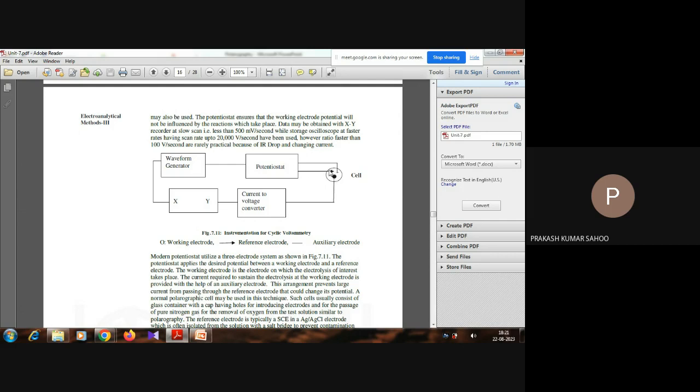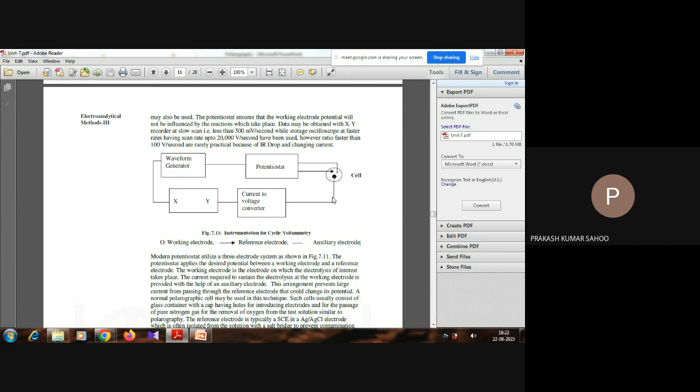Then the working electrode may be a mercury coated electrode, and one counter electrode, that is the oxidation half cell or the anodic part, and there will be the cathodic part. The counter electrode is also known as the auxiliary electrode.